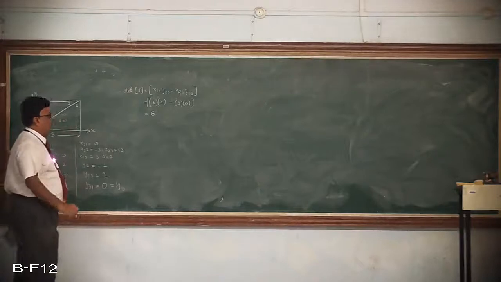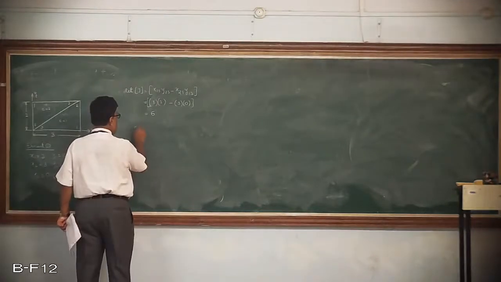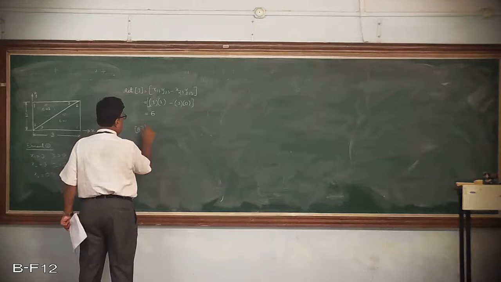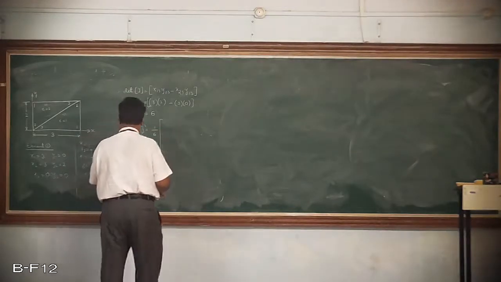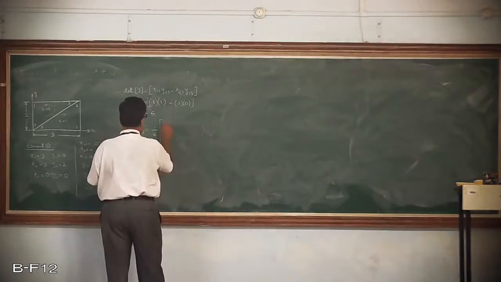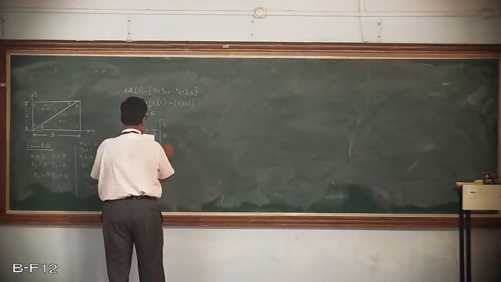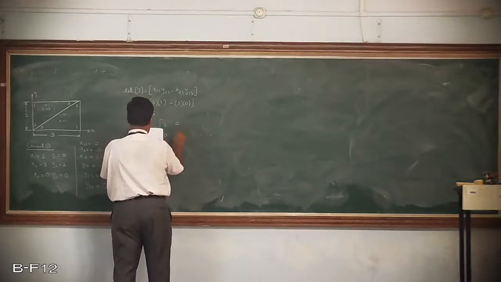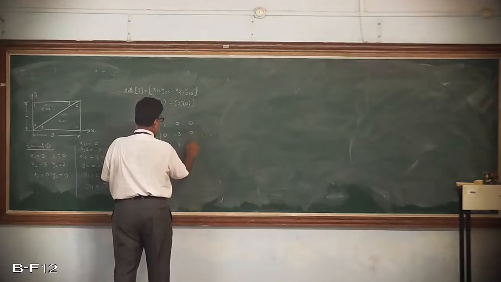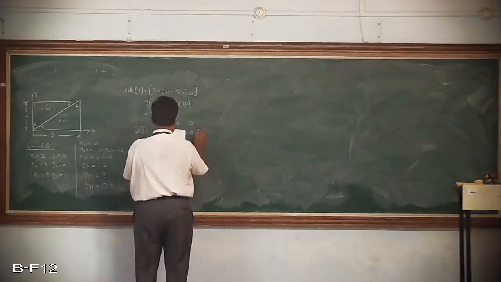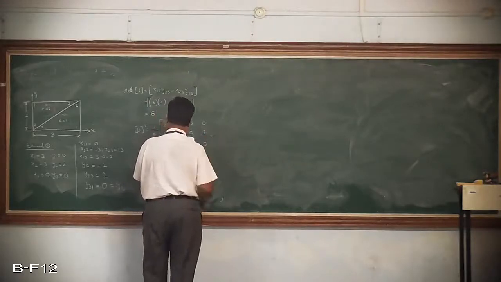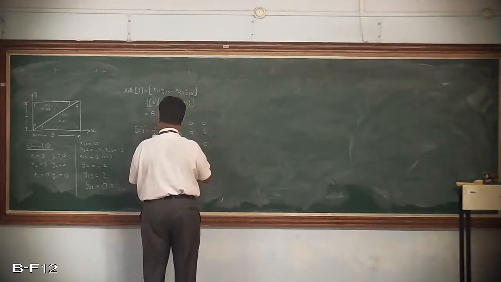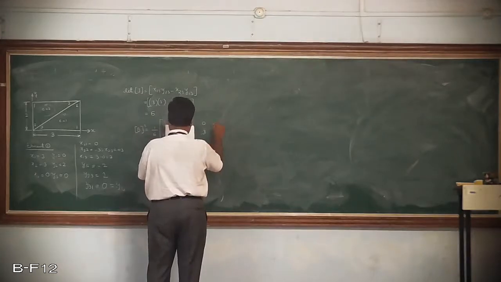So therefore, if I want to write the B matrix, this will come to 0, minus 3, 0, minus 3, 0, 0, 0, 3, 0, minus 2.